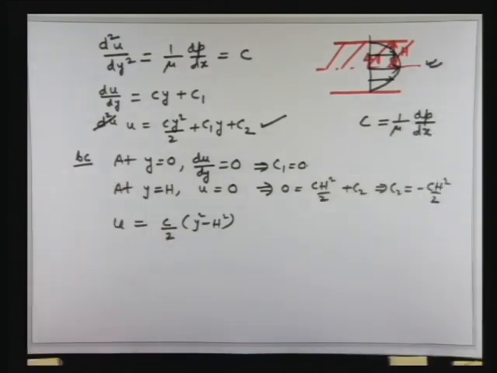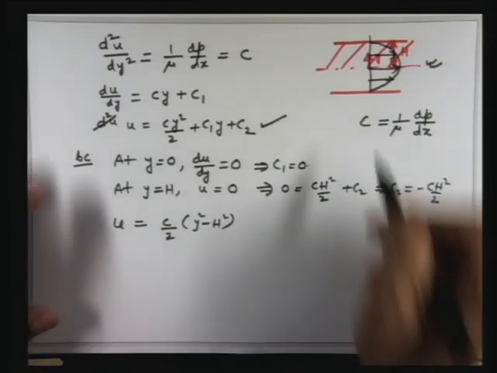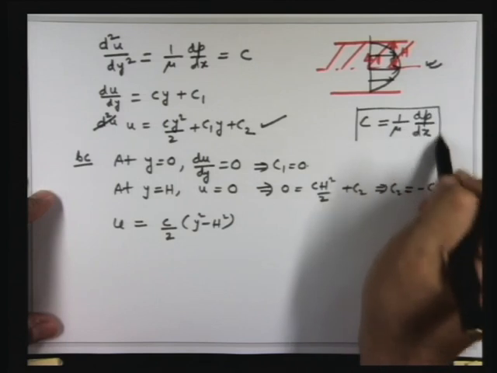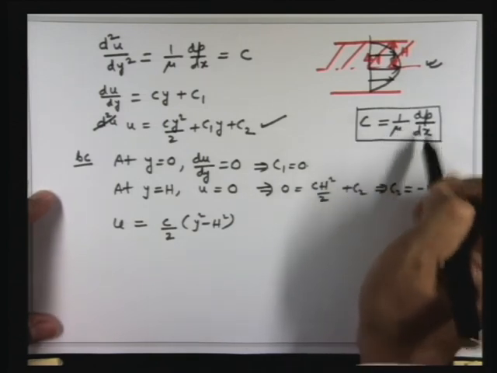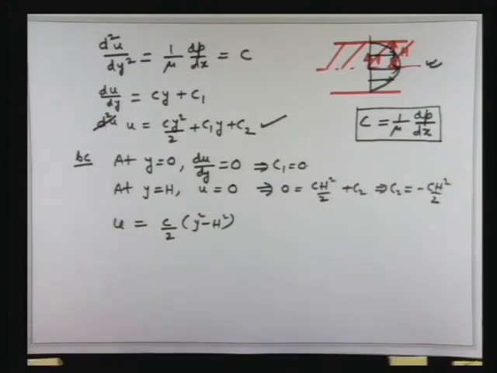Let us now come to the pressure profile. C is a constant, mu is also a constant, that means dp dx is a constant. That means P is a linear function of x in the fully developed region. So P varies linearly with x in the fully developed region.